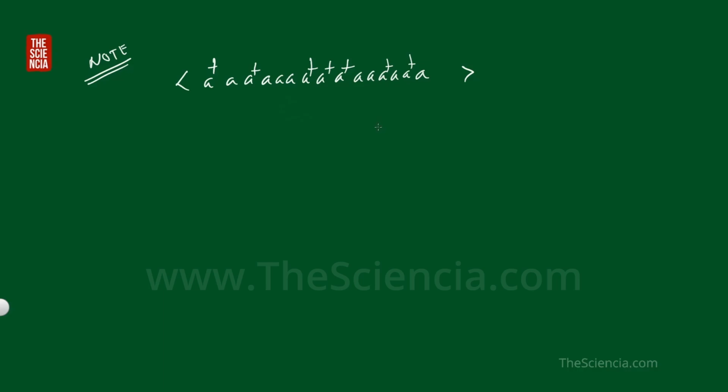The easy method is, we have to check the number of a dagger. If the number of a dagger is equal to the number of a, that is the number of creation operators is equal to the number of annihilation operators, then the value will be not equal to 0.